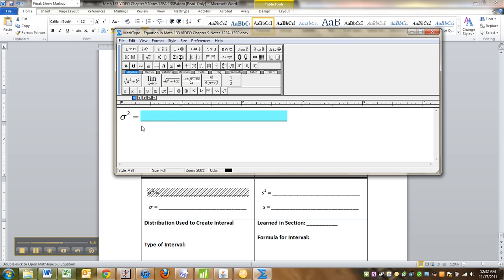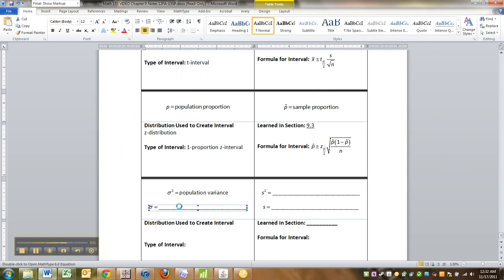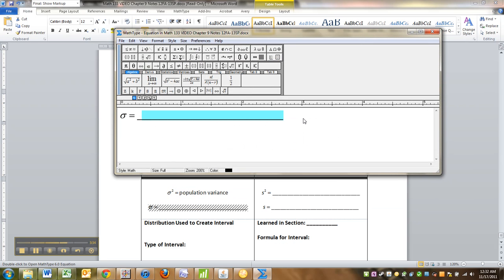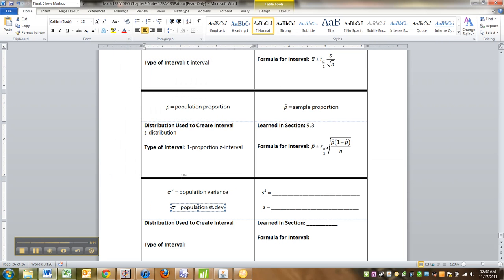Now what is sigma squared? Sigma squared is the population variance, and sigma is the population standard deviation. Then what have you got to work with?